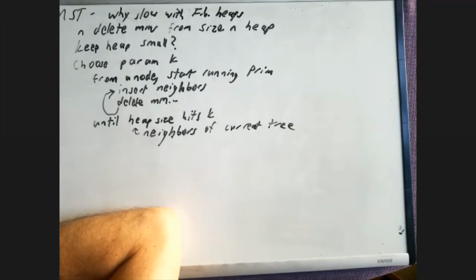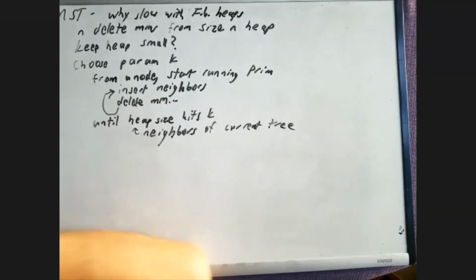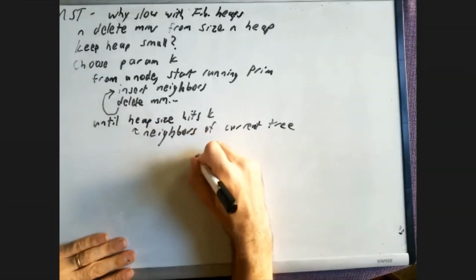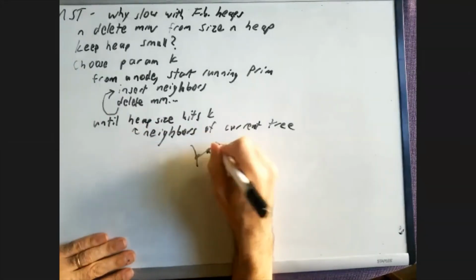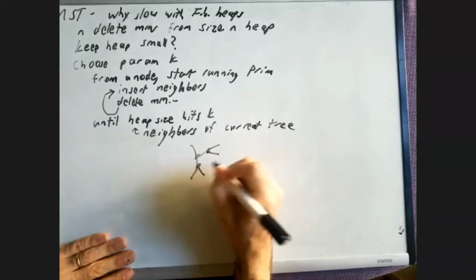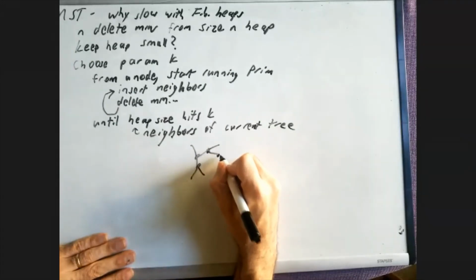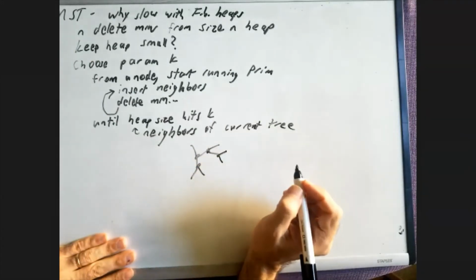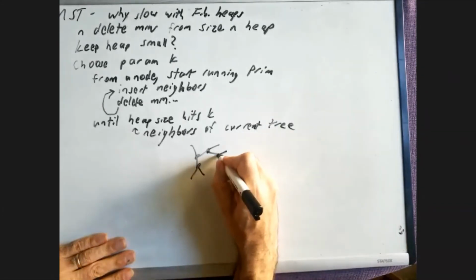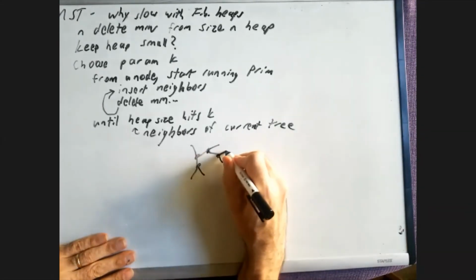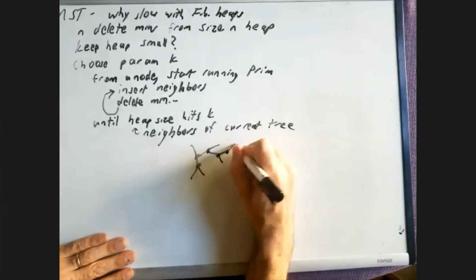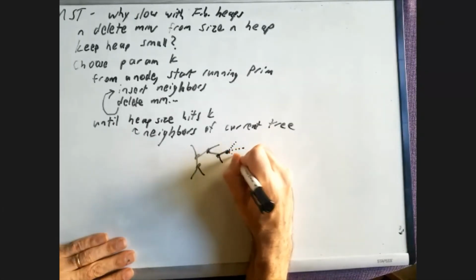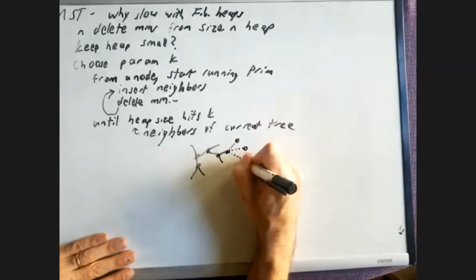So what do you mean by neighbors exactly? Well, when I'm running Prim's algorithm, I start at a node, and as I add nodes, I keep doing delete min to find the next node, and I add those nodes to the tree. But each time I add a node to the tree, I have some neighbors of that node which get inserted into the heap.